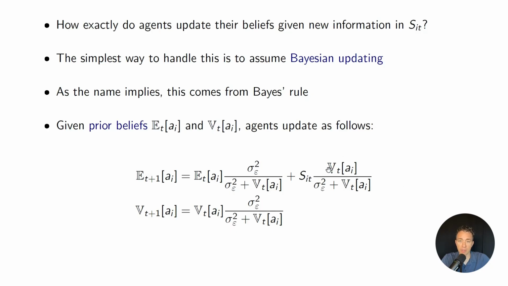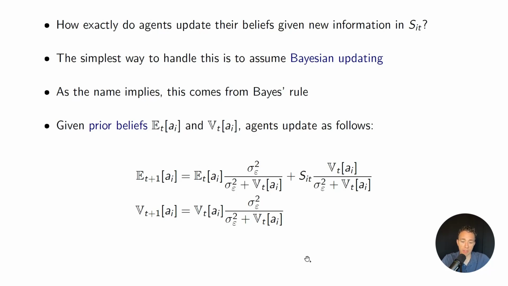So if I'm really uncertain about my belief, I'm going to give more weight to the signal. But as my certainty increases, then I'm going to give very little weight to the signal. So as my certainty increases, my variance is going to decrease. That's going to put less and less weight on the signal, and more and more weight on my prior.